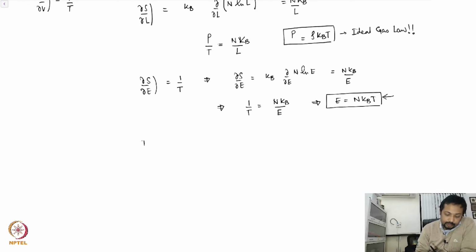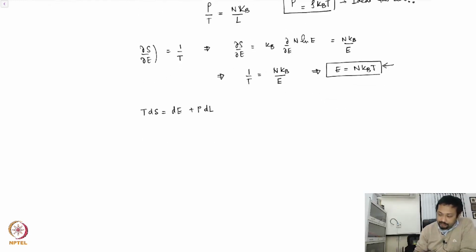So for thermodynamics, I know that TdS is dE plus P dL, one-dimensional system, therefore I have this. So the two specific heats: this corresponds to the specific heat at constant volume, is going to be del E del T at ln n fixed, which is precisely this relation, and is going to be n Kb.